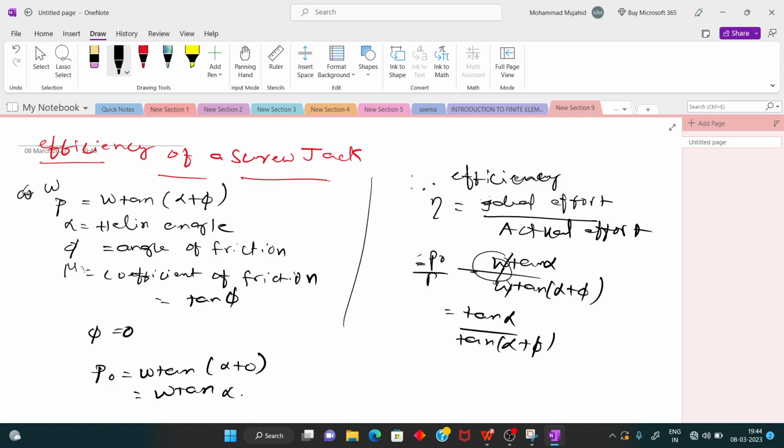In the above expression for efficiency, only the screw friction is considered. However, the screw friction and the collar friction also will be there. So you are going to take that collar friction also into account.